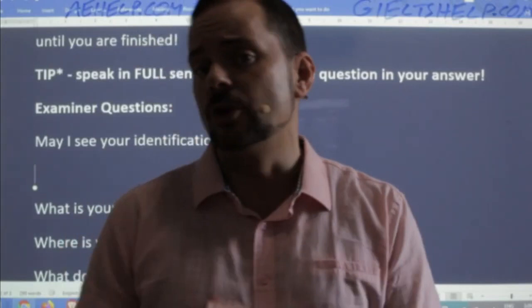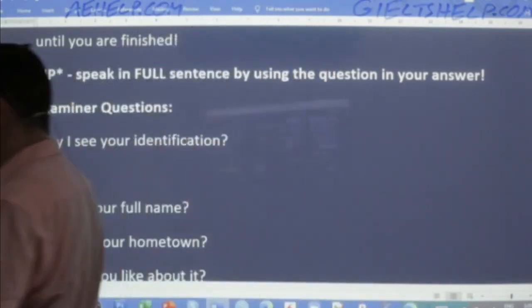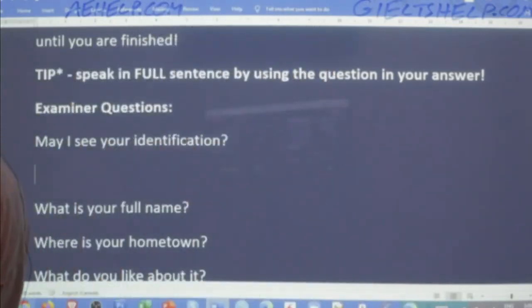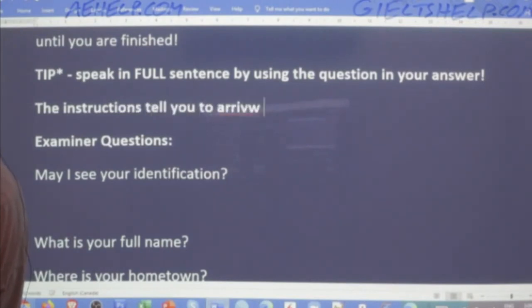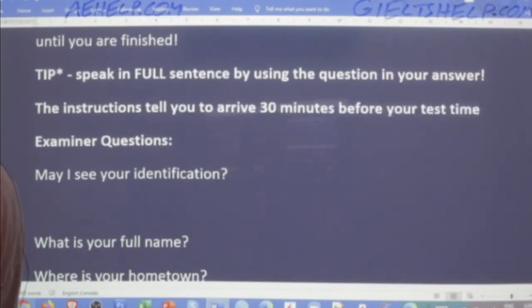Get there even earlier, okay? So the instructions tell you to arrive 30 minutes before your test time. Actually 30 minutes for the sit down part as well.